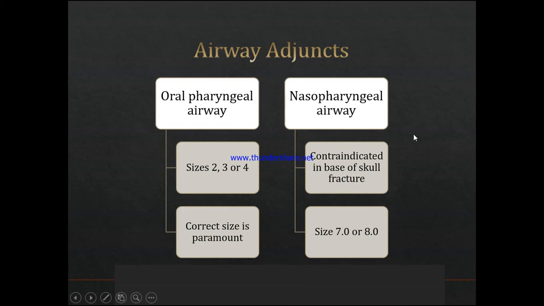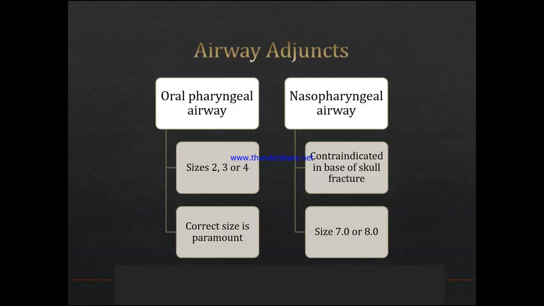And nasopharyngeal airways have contraindications, for example in trauma such as base of skull fractures. The nasopharyngeal airway is not a good choice in base of skull fracture, because obviously it could then be introduced into the base of the skull and into the brain as well. So these airway adjuncts are all things that you will be able to practice with during your training.